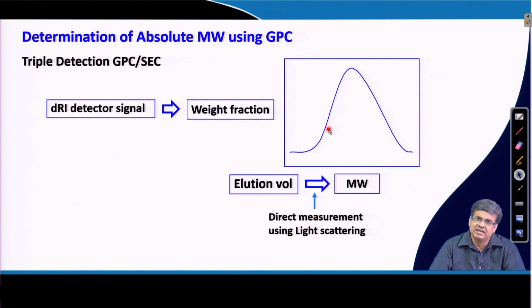We have also seen that if the polymer size is small enough, less than 10 nanometer, then we do not require this angle dependent scattering data.